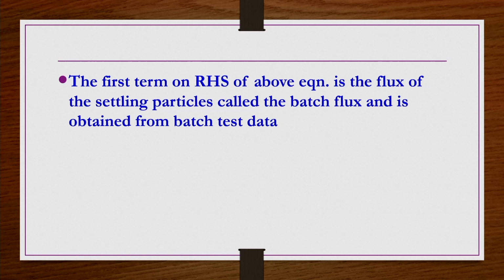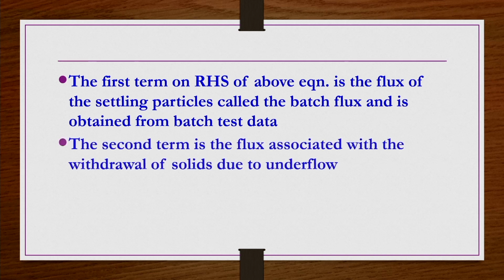So, the first term of the RHS of the above equation is the flux of the settling particles called the batch flux, that is Cv is the batch flux, and is obtained from the batch test data. The second term is the flux associated with the withdrawal of the solids through the bottom due to underflow, known as the underflow flux.